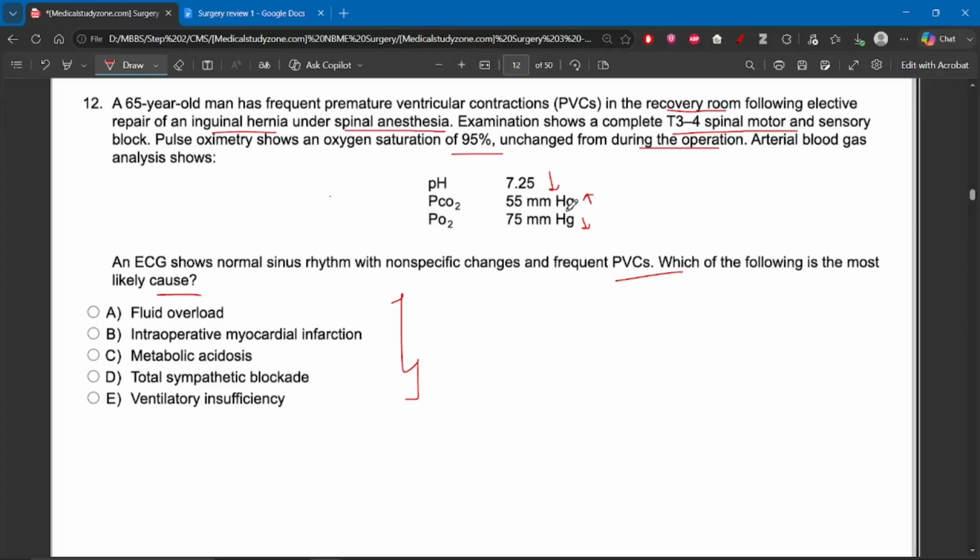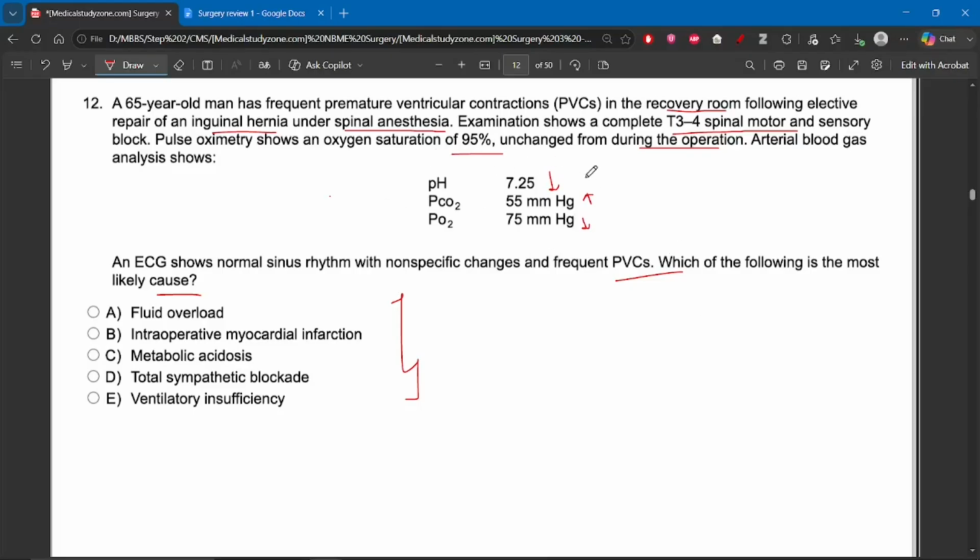The CO2 should be between 35 and 45. And the PO2 should be between 80 and 100, I believe. With reference to those normal ranges, the pH is low, the PCO2 is high, and the PO2 is less. So this is what we have.